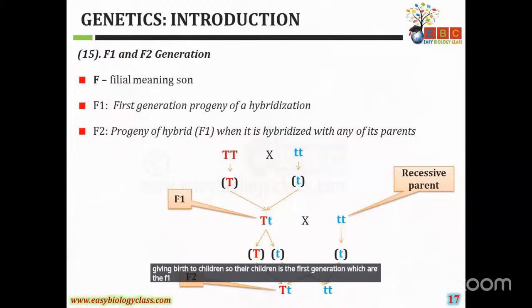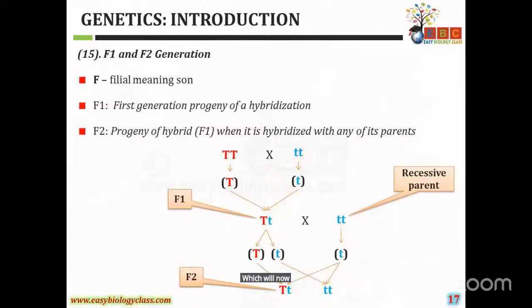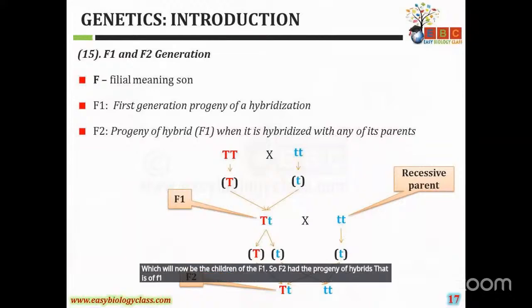Okay? When you go to F2, that is the grandchildren of the parents, which will now be the children of the F1. So F2 are the progeny of hybrid, that is of F1, when it is hybridized with any of its parents.